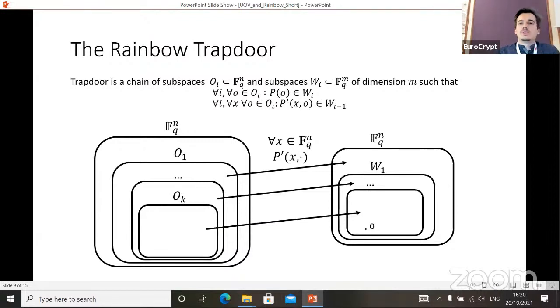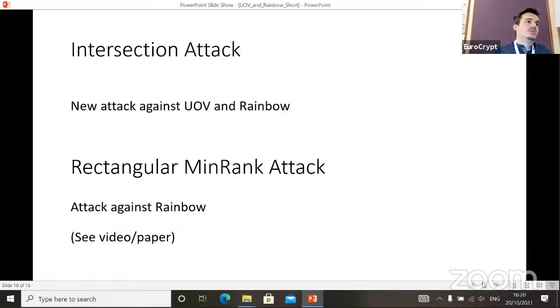Right, and each of these steps is just solving a system of linear equations, so you can do this very efficiently. So yeah, that's how Rainbow works, and I believe this is a much nicer explanation than the standard explanation. And this allowed me to find some more efficient attacks.